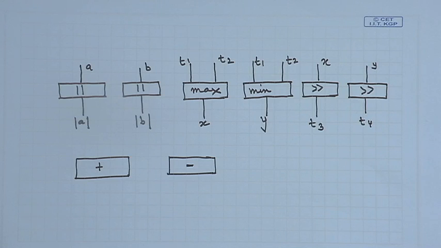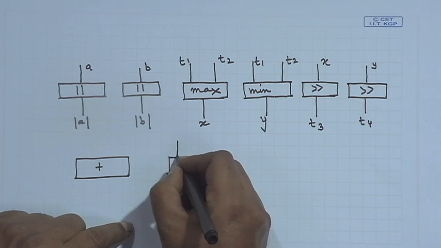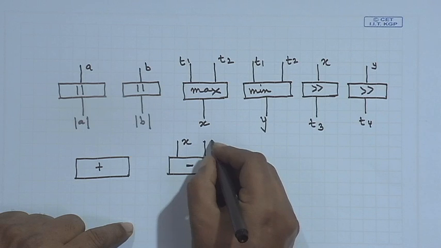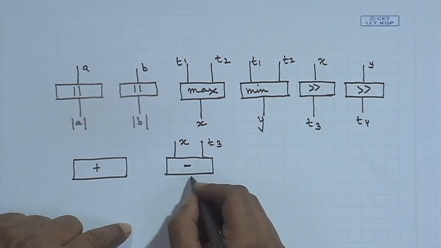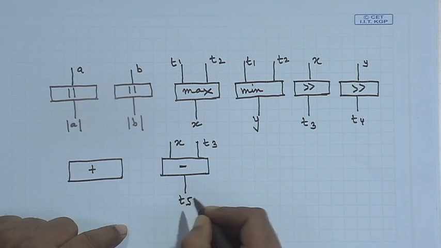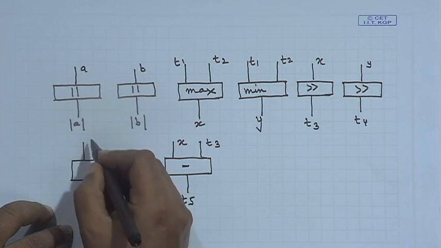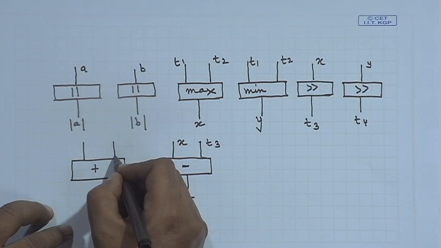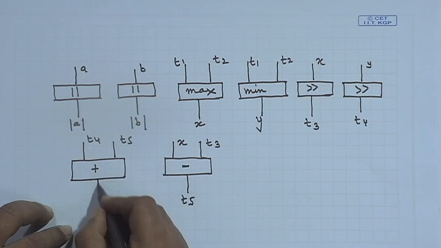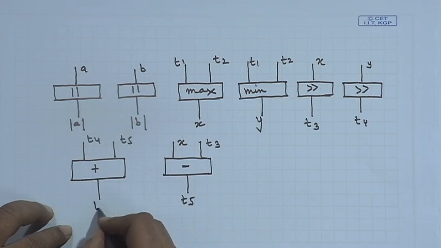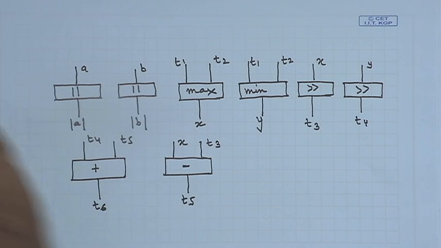Now, this minus has got x and T3, and output is T5. Plus has got T4, T5, and the output is T6. Again I use the max here.